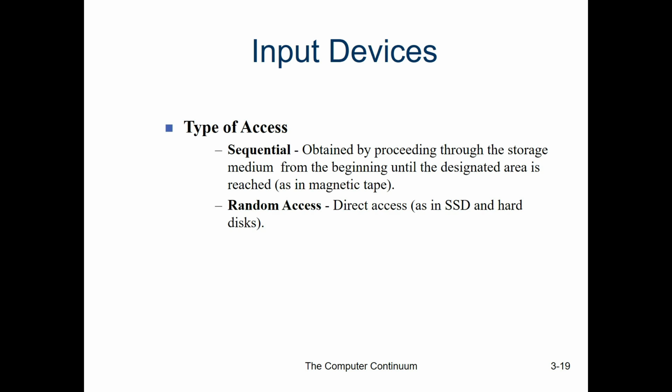Type of access. So type of access could be sequential, could be random. Sequential means you obtain any data by proceeding through the storage medium from the beginning until that designated area is reached, like the magnetic tape. And in random access, you just randomly pick the address value which you require.